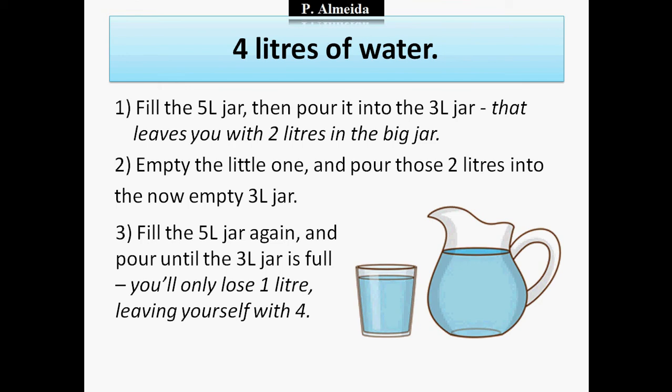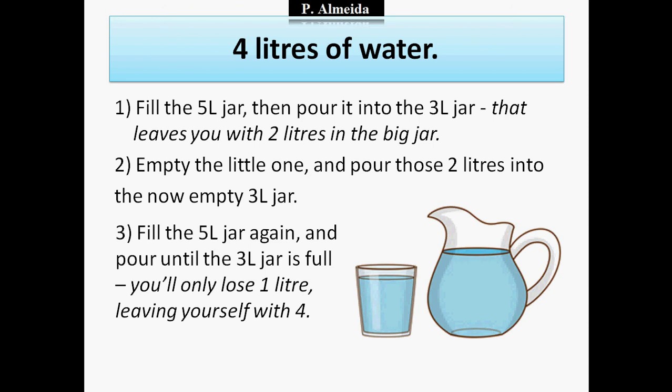Then you fill the 5 liters jar again, and you pour it into the small one until the one that had 2 liters already is full. What happens? Well, if you have 2 liters already and you only need 1 for it to be full, that means that out of the 5 liters in the big jar, 1 is going to go onto the 3 liter jar.